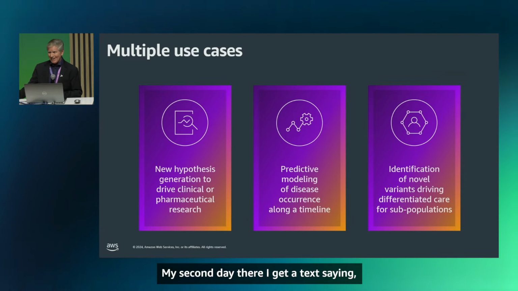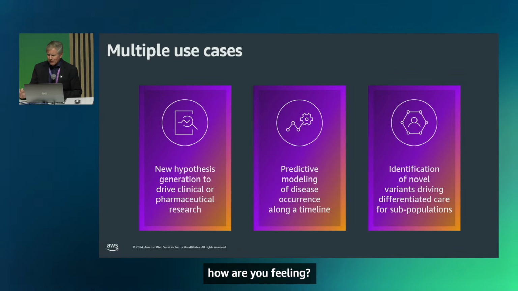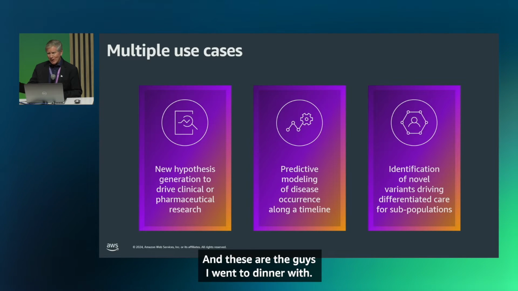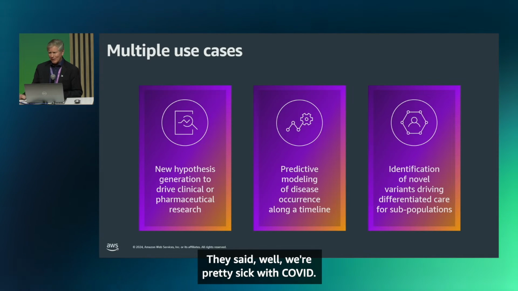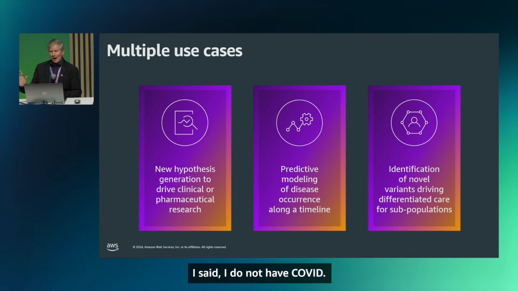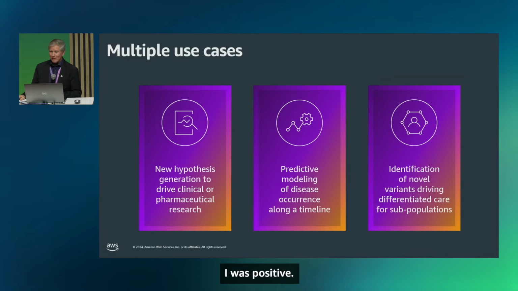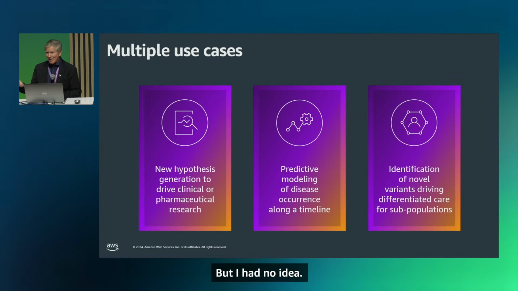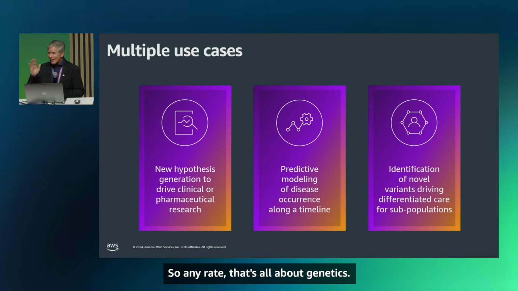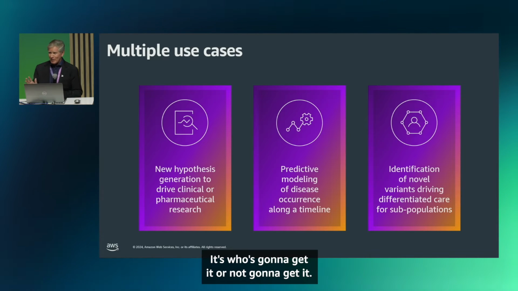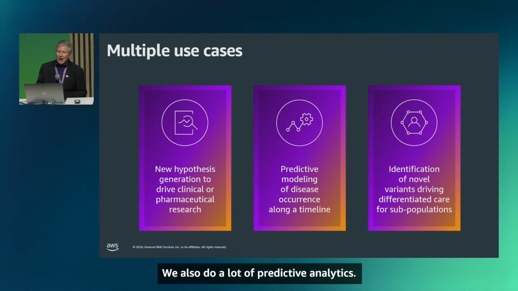My second day there, I get a text saying, "How are you feeling?" I said, "Feel great." And these are the guys I went to dinner with. They said, "Well, we're pretty sick with COVID." I said, "I do not have COVID." They said, "Maybe you should test." So I walk up front, get a COVID test. I was positive, right? But I had no idea, right? So at any rate, that's all about genetics, right? It's who's going to get it or not going to get it.